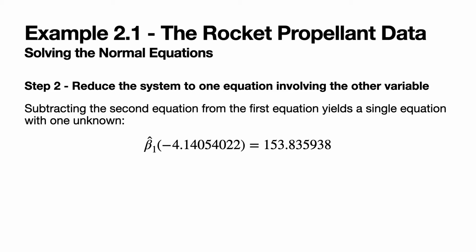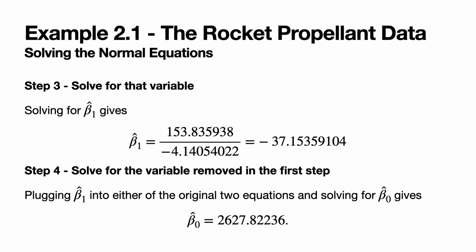So subtracting the second equation from the first equation yields a single equation with one unknown, the unknown being beta 1 hat. So by subtracting equation 2 from equation 1, beta 0 hat disappears, and so we have one equation remaining with one unknown, beta 1 hat.